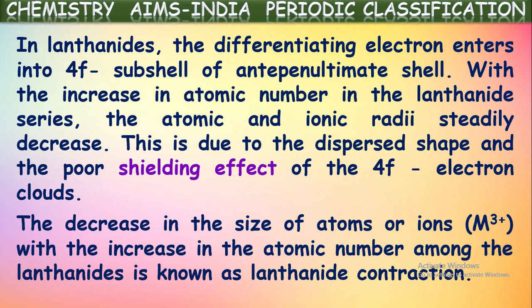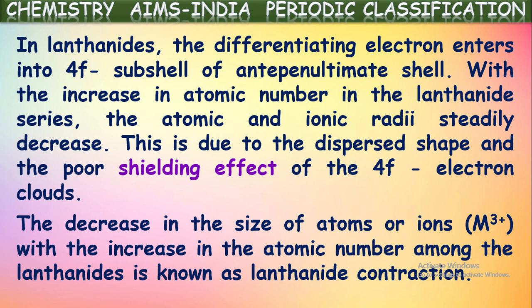Actually, as atomic number increases, we may expect an increase in the atomic size among the lanthanoids. But in fact, among the lanthanoids from lanthanum to lutetium, that means in the block of lanthanoids from left to right, size gradually decreases because of the poor shielding effect of inner electrons and the dispersed shape of the 4f subshell.